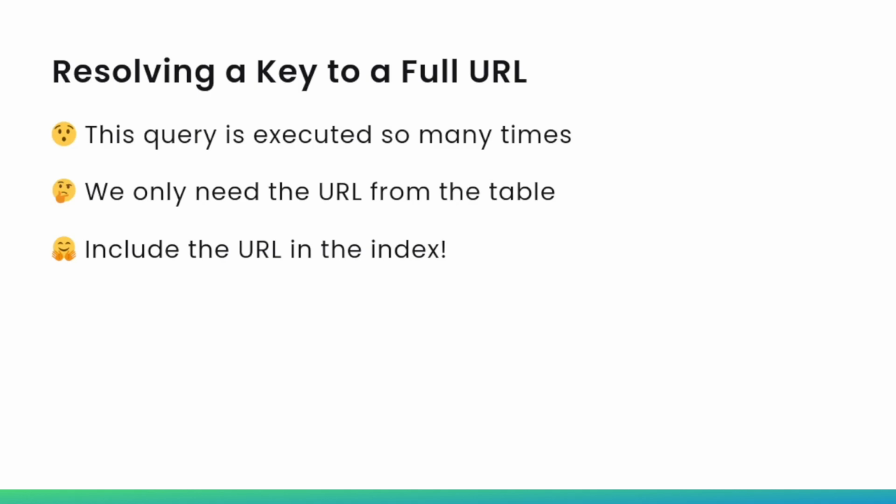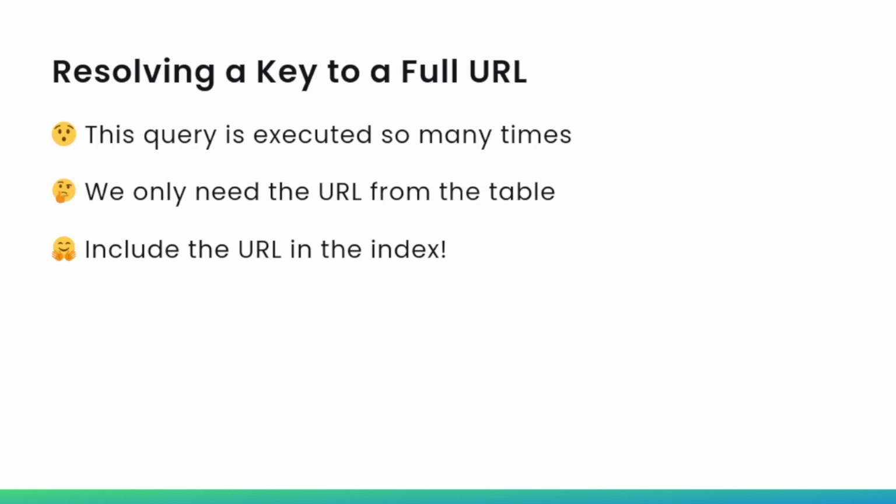Now, if we think about the scenario, we know that we have a query that is executed a lot. This is what the short URL does. It redirects. It's getting a short URL, and it needs to resolve it into a long URL. So it's doing it constantly, and it's very important that it be very, very fast. We have this query that executes lots of times, but we only actually need the URL, right?